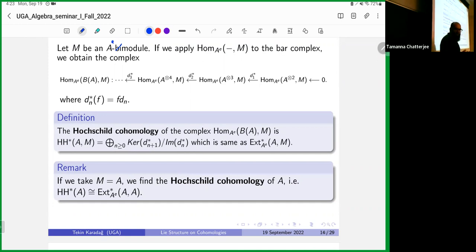I believe both notations are fine. So if you say A^e module, you just say A. Yeah, A^e module is for sure fine. So let me correct that one.